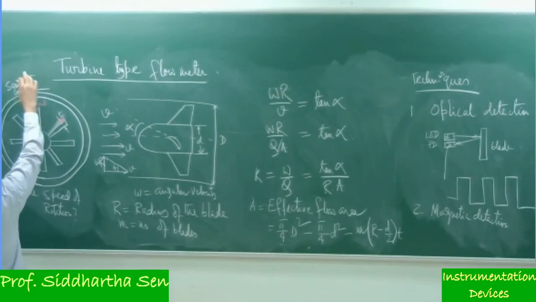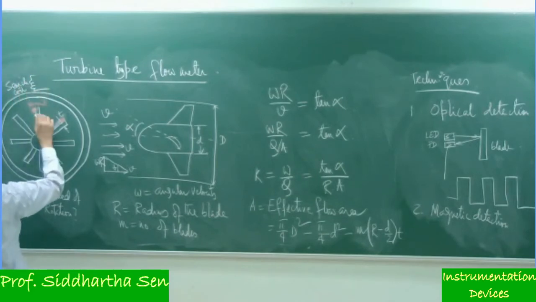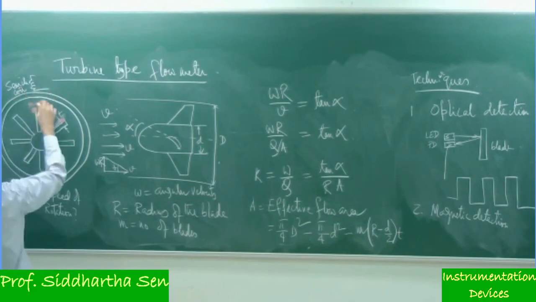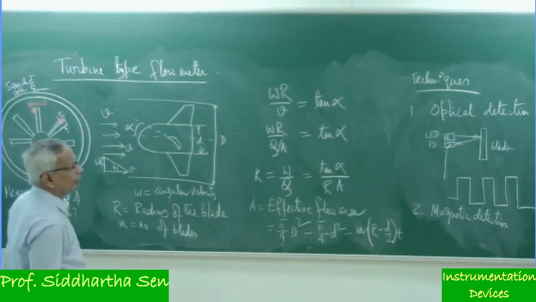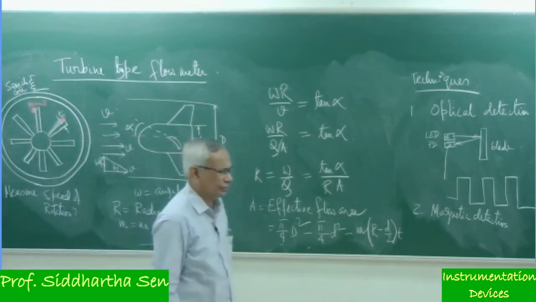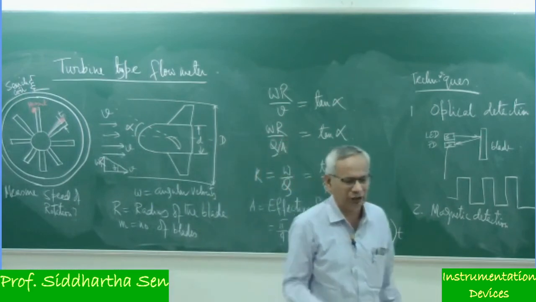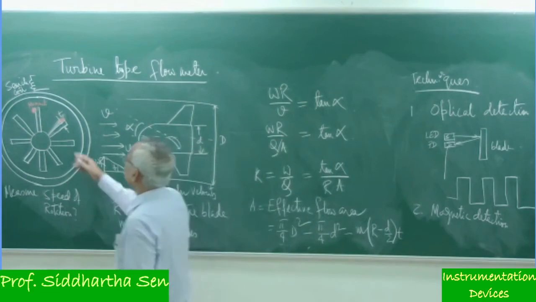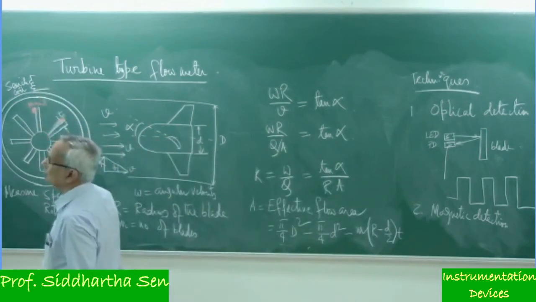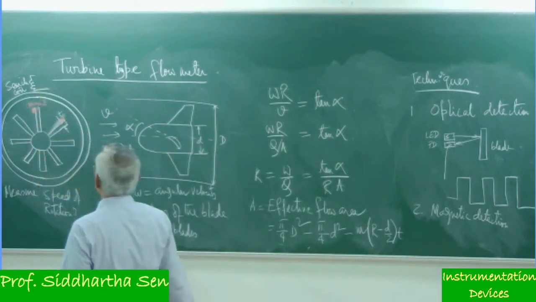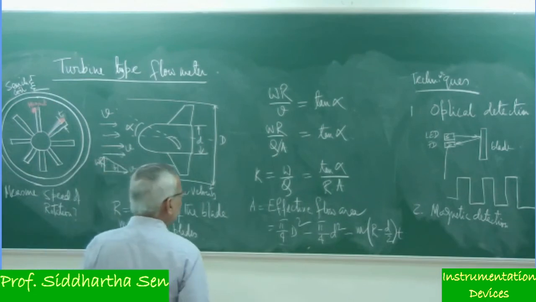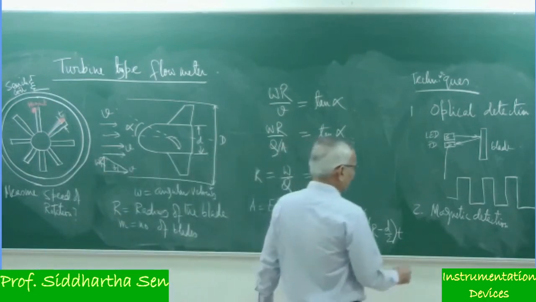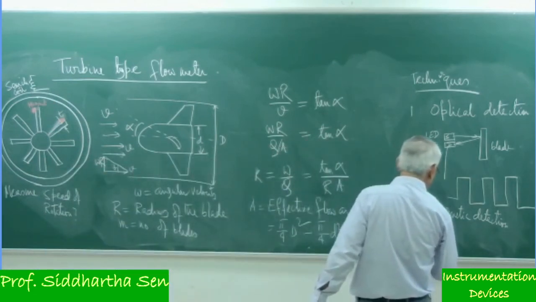I don't have space, that's why I'm not drawing it. So there would be a change in flux, and definitely some voltage is induced. So from the frequency of the voltage induced, you can get the speed. Or sometimes we use a Hall effect sensor.